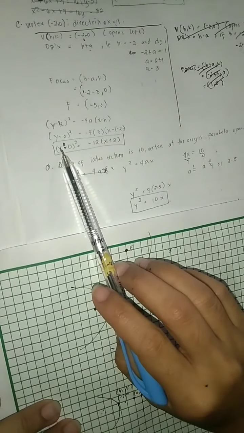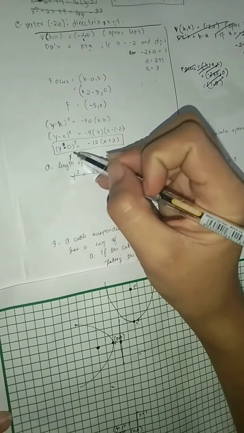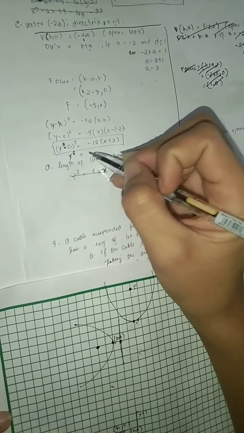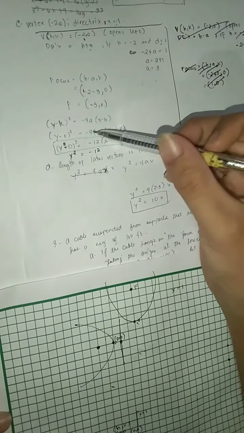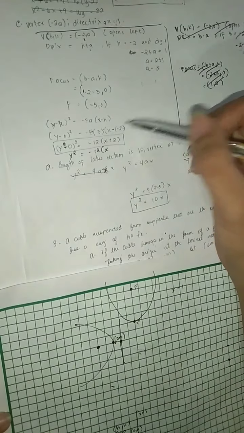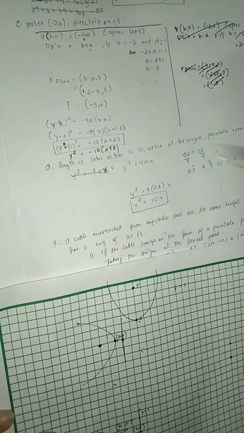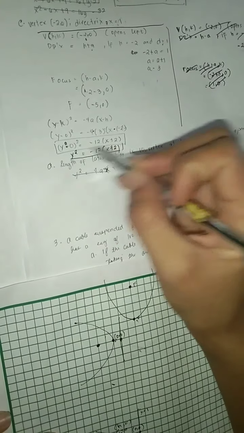Our final answer would be y minus 0 squared. Actually, that would be y squared is equal to negative 12x. Negative 4 times 3 is negative 12, and x minus negative 2 becomes x plus 2. That is our final answer.